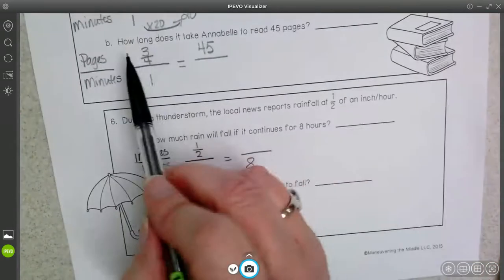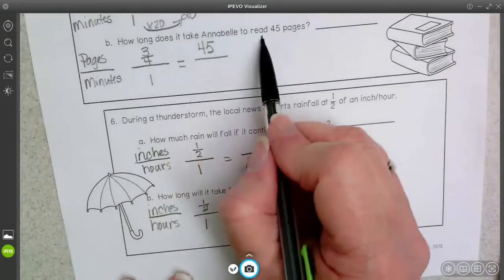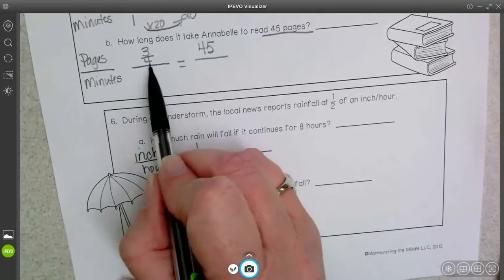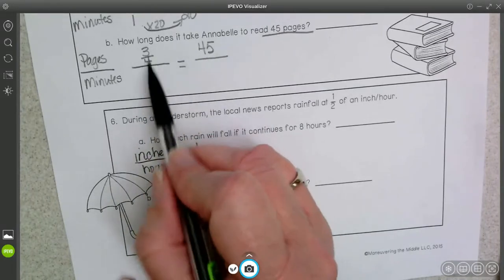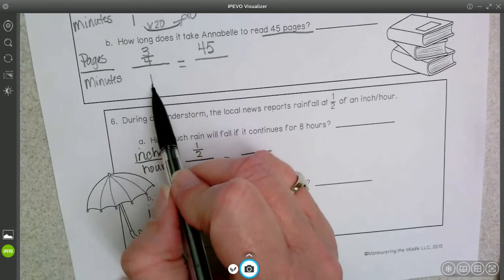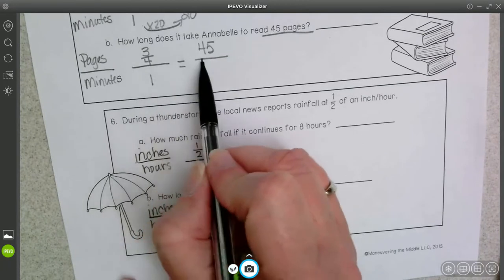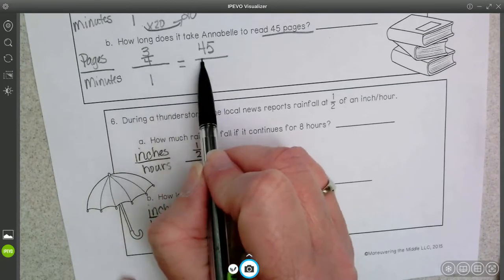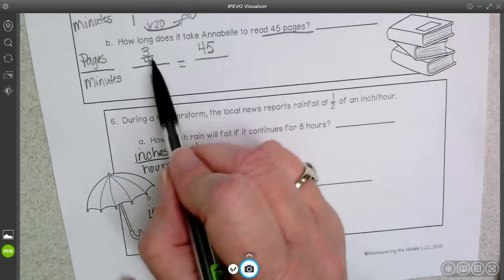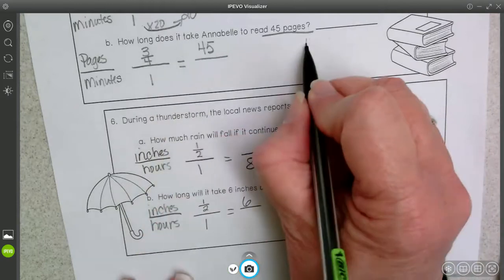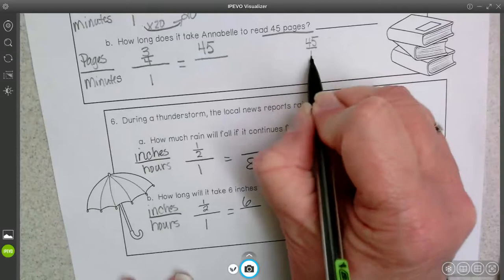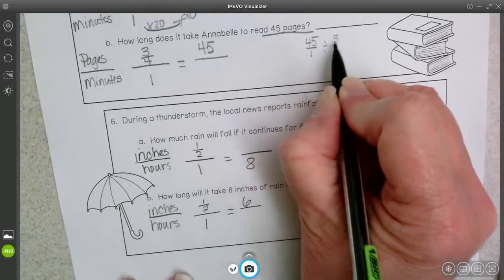The second question says, how long does it take Annabelle to read 45 pages? So we're getting from 3/4 to 45. We've still got the same rate, 3/4 of a page for 1 minute. We want to know to read 45 pages. So to get from here to here, we need to know what we're going to multiply 3/4 by to get 45. So we can divide 45 divided by 3/4.